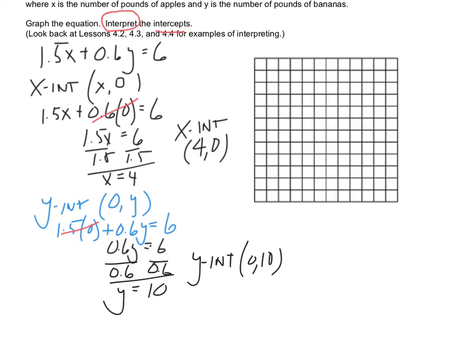So we're going to use these two intercepts to show my graph. Now on this kind of graph, you can't buy negative pounds of bananas. You can't buy negative pounds of apples, so we're not going to do all 4 quadrants. We're just going to do quadrant 1. So the x is the pounds of apples, and the y is the pounds of bananas.